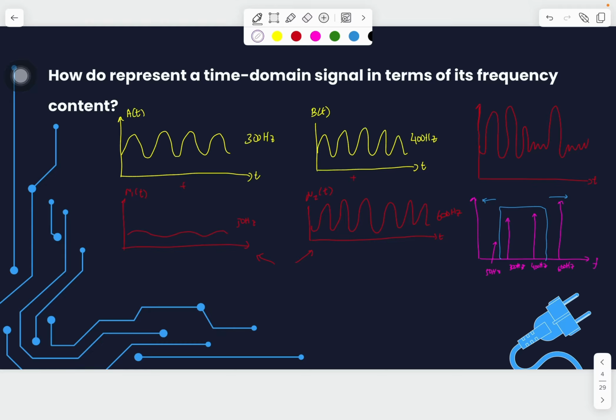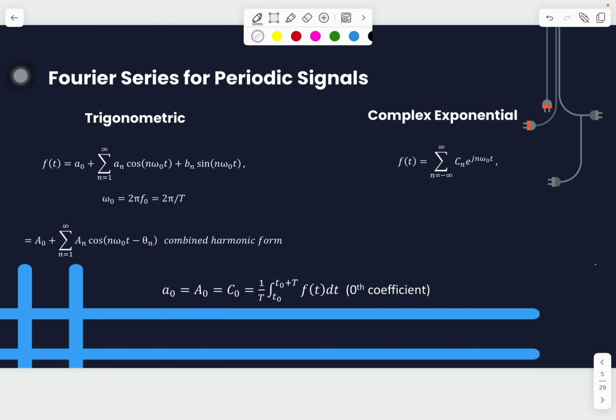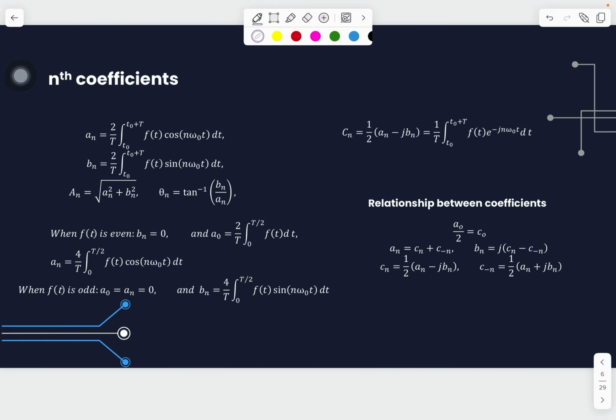So first, let's go back to the Fourier series and let's look at the representations. There's a trigonometric and exponential representation, and this form is known as the combined harmonic form. And all of them have coefficients and their equations to find them. So these are the equations.